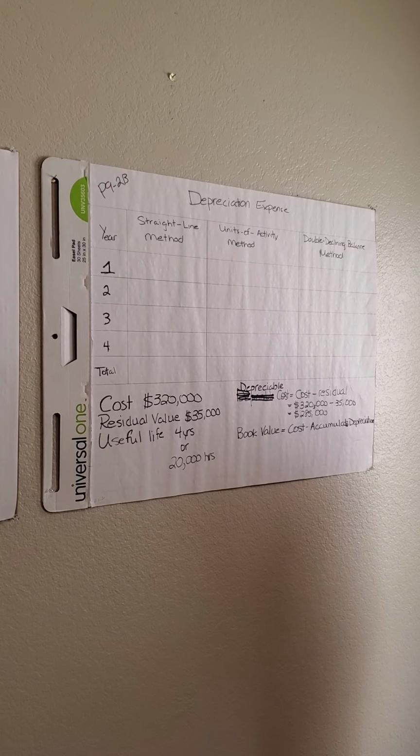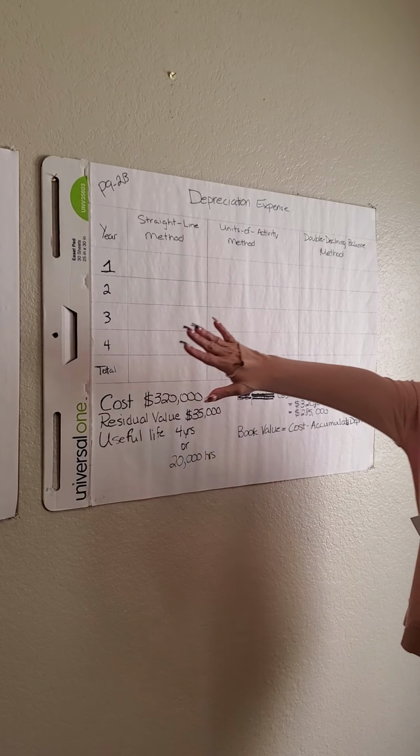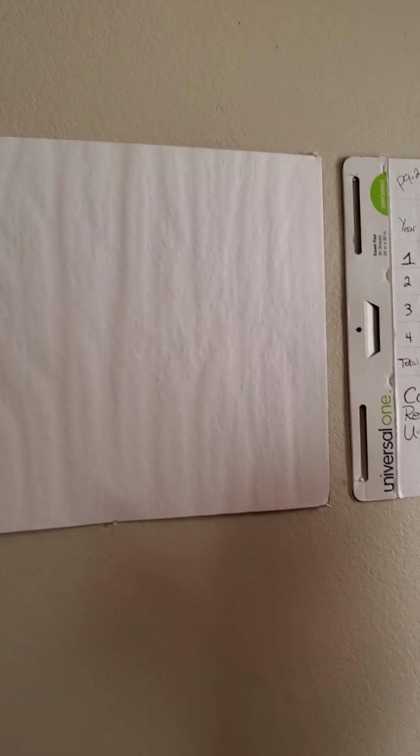So the first method is the straight line method. So I'm going to move over here. I've kind of tried to change the camera angle so that you don't have to look at my back so much.